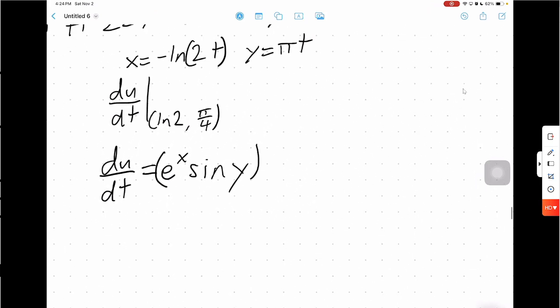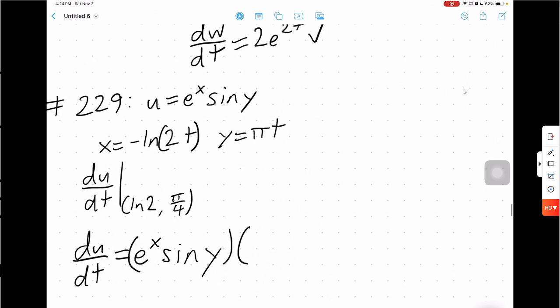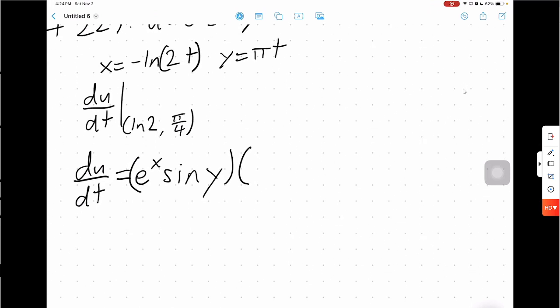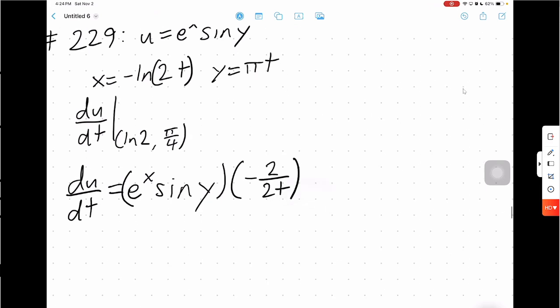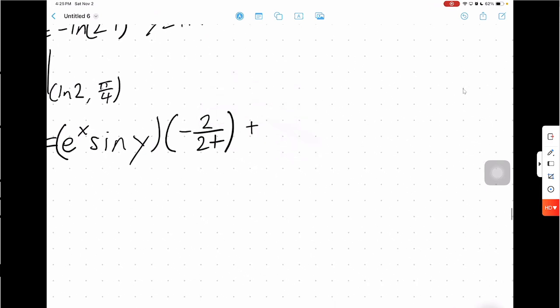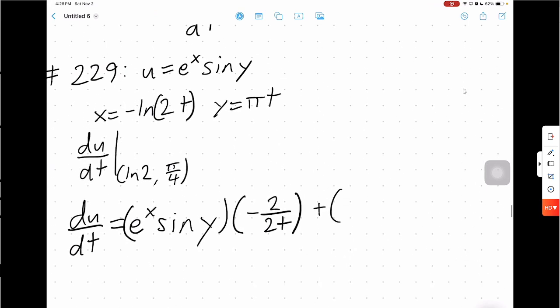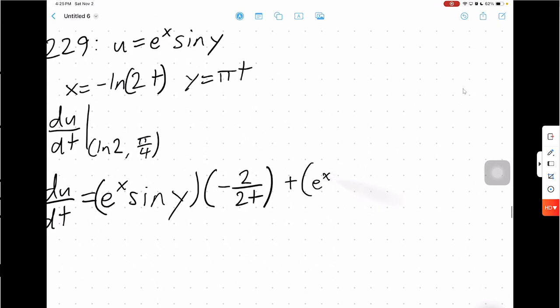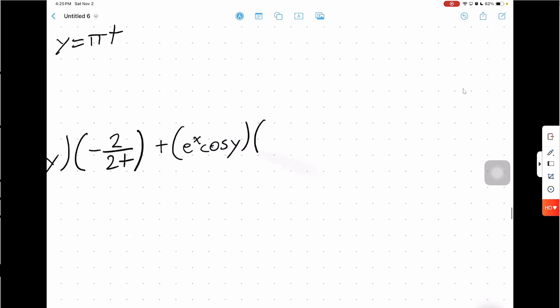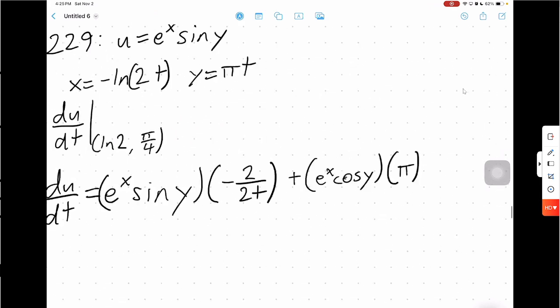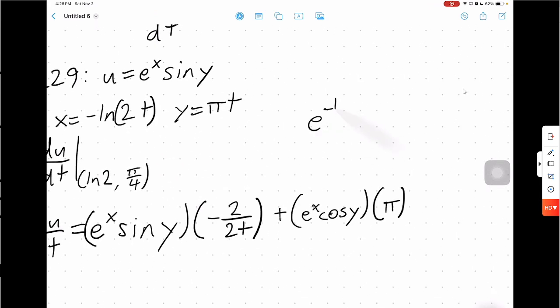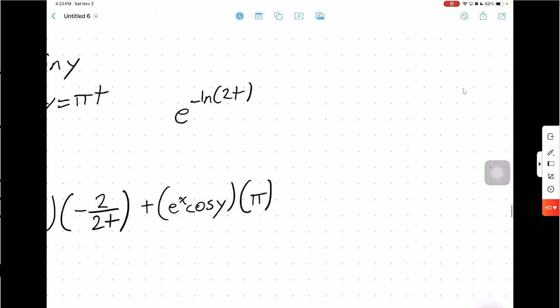Alright, back to the chain rule. This is this times partial of x with respect to t. So you can get negative 2 over 2t. Again, same rule as before. Plus partial of u with respect to y times just pi, because it's partial of y with respect to t. Oh yeah, I messed this part up a little bit.